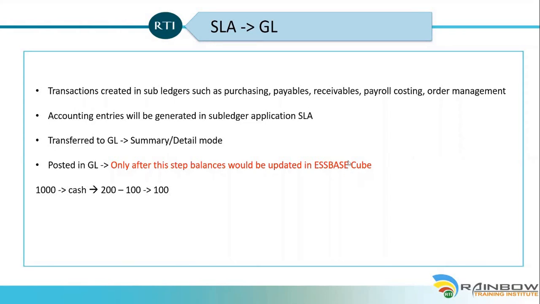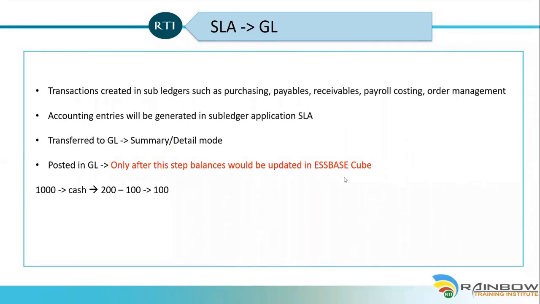And when the balances get posted to the Essbase Cube from GL, you don't need to do anything for this. Remember, you don't need to create an Essbase Cube. You don't need to set up this pipeline. It happens automatically and comes out of the box. The Essbase Cube comes with GL cloud, and the sync also happens automatically. So when you post a transaction in GL, the balance automatically gets updated in the Essbase Cube.